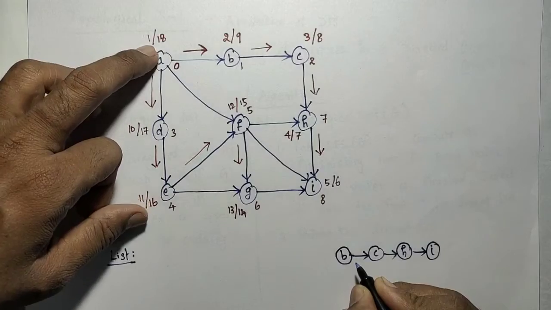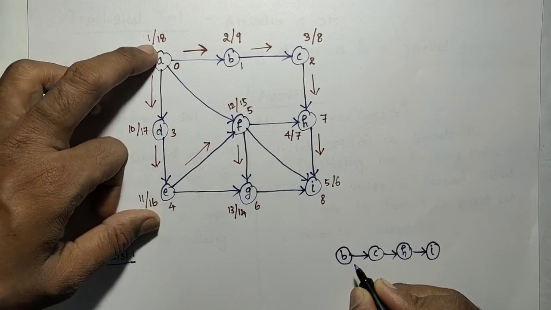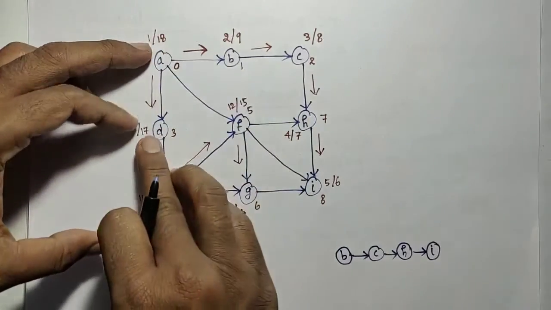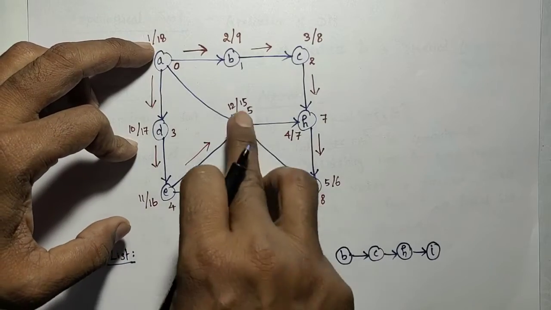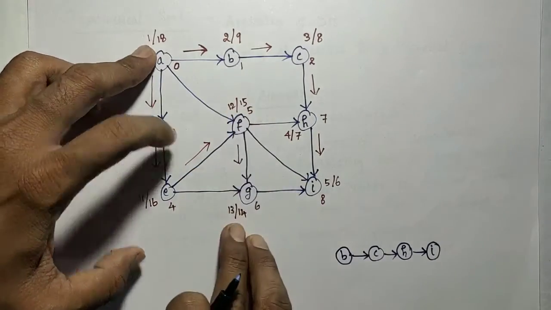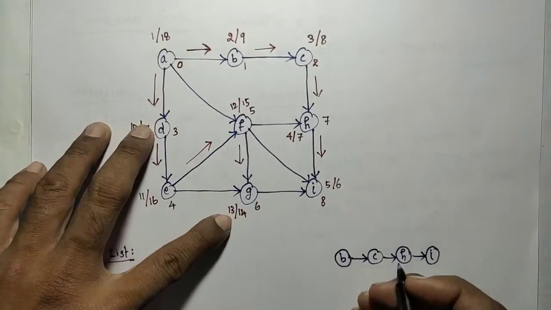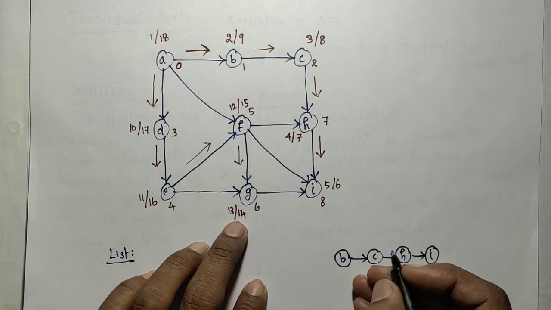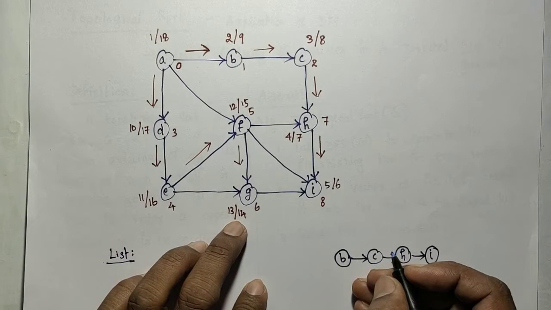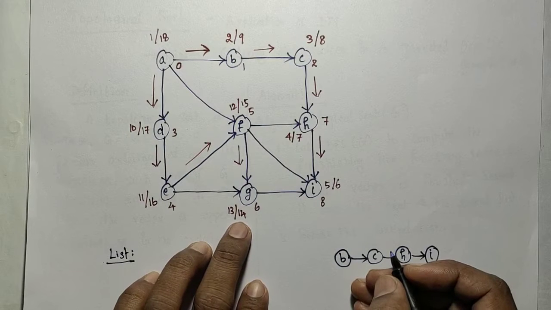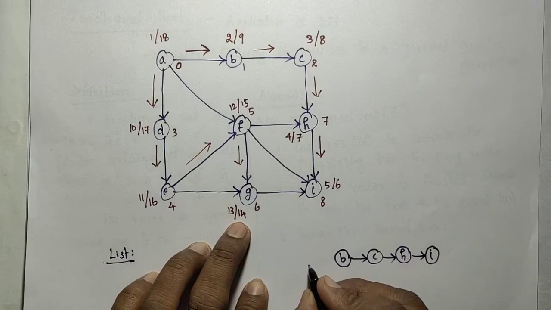Next, you should not write that 18. Instead, we have to look at 18, 17, 16, 14 and 15. Among these, what is 14? Next one. So I need to complete that 14.